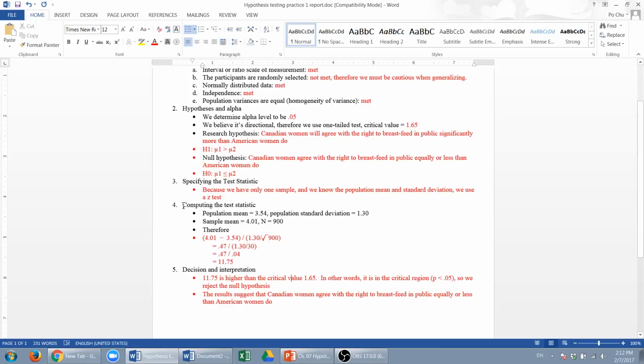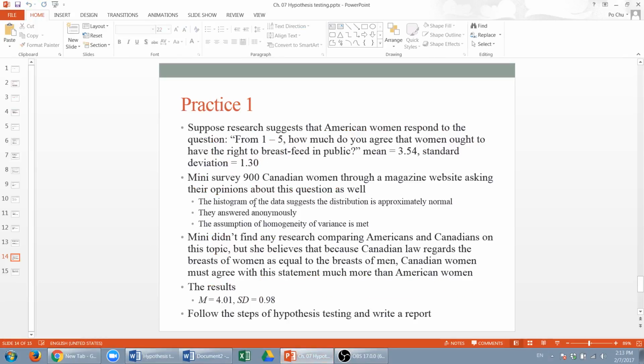Step 4, computing the test statistic. The population mean was 3.54 and the population standard deviation was 1.3. The sample mean was 4.01 and the sample size was 900. Just looking back at those numbers, the sample was what Minnie surveyed.